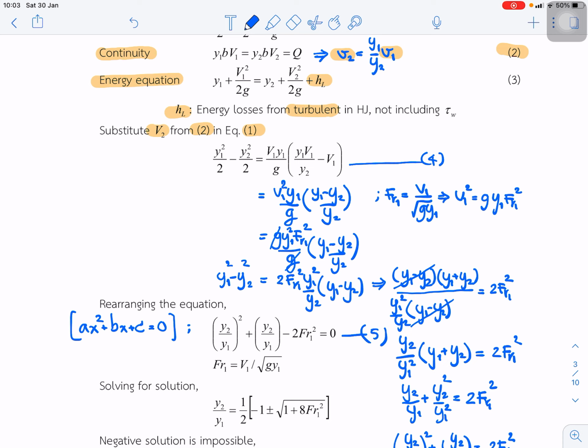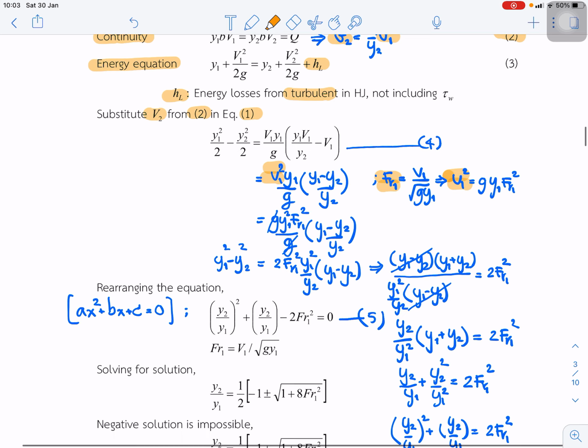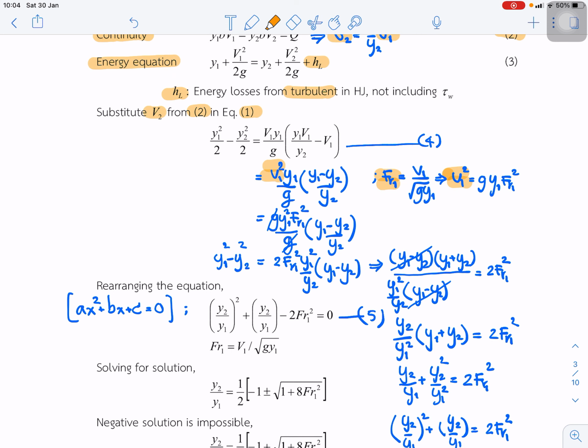First, we find the equation of Froude number and substitute y1 in this V1 squared. V1 squared and some g cancel, and so we got this equation: V1 squared minus V2 squared is a function of the Froude number.